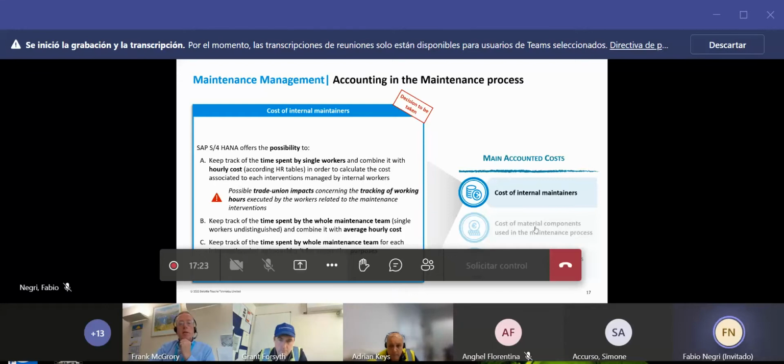Fabio, is this data being driven by Iris then and integrated to SAP? Yes, it's still under discussion, but if we're talking about corrective maintenance, the target model of the companies is to have Iris.